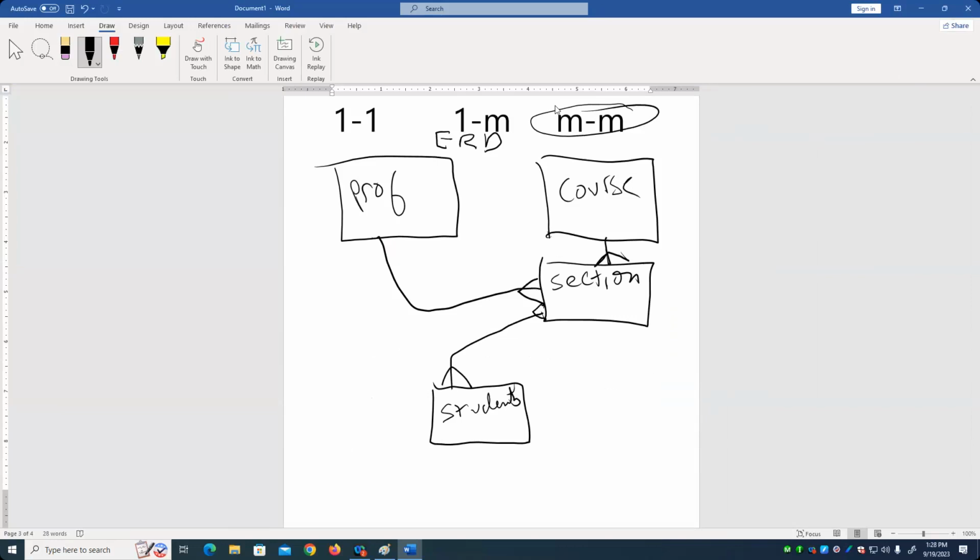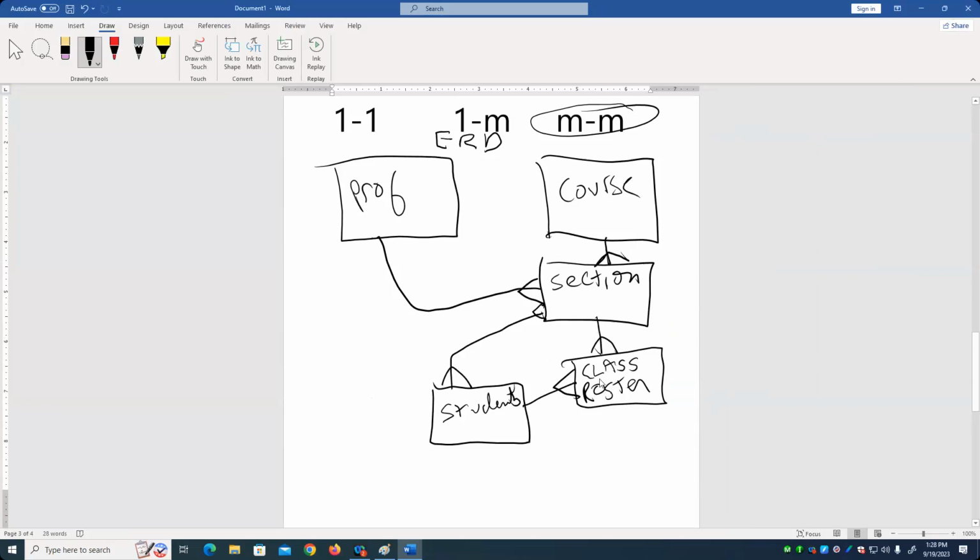one-to-many relationship with it. So we might have, for example, a class roster entity. And a student can have many entries in the class roster. And a section can have many entries in a class roster, because a student could be taking more than one section, and a section could have more than one student.